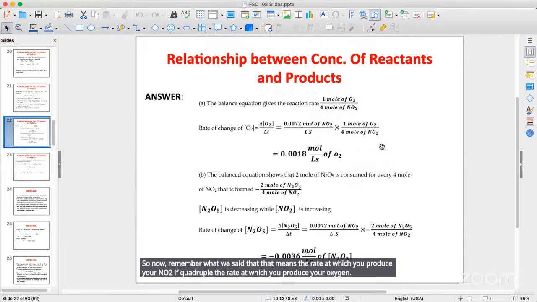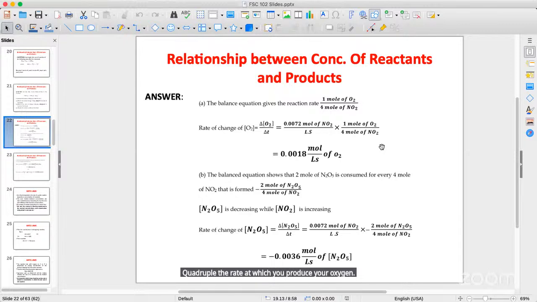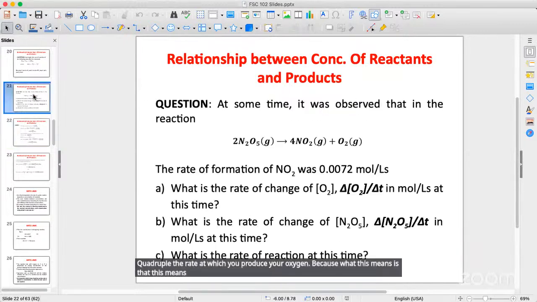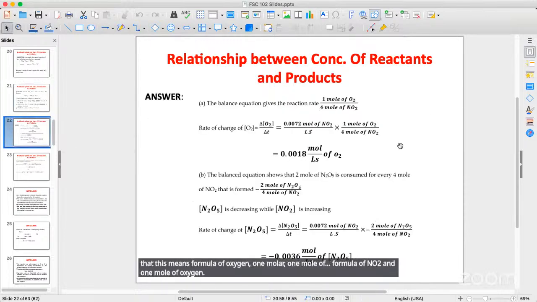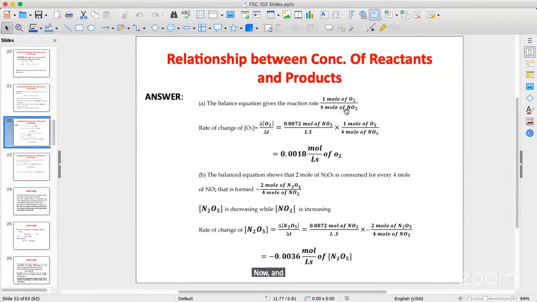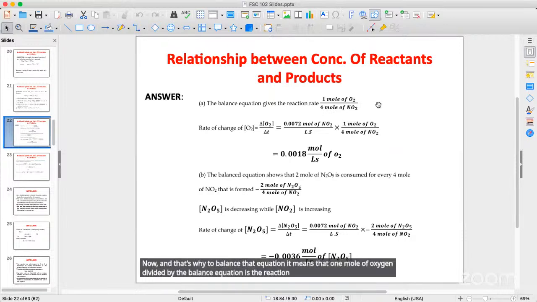Because what this means is that 4 mole of NO2 and 1 mole of oxygen. And that's why, to balance that equation, the balanced equation gives the reaction rate, which is 1 mole of oxygen divided by 4 mole of NO2.